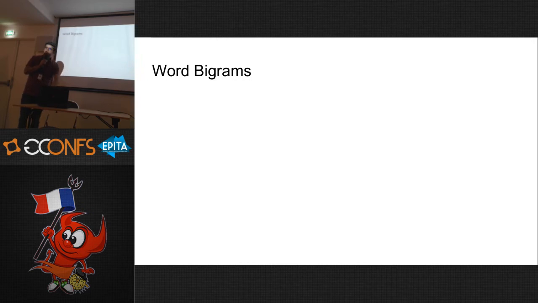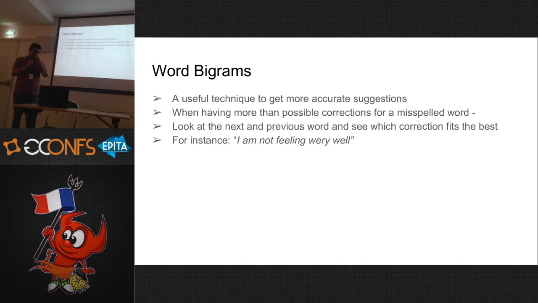And finally, once we have these possible corrections for a misspelled word, we have to figure out which of them are the most likely. As I described previously, we can use bigrams or trigrams to look at the surrounding words.